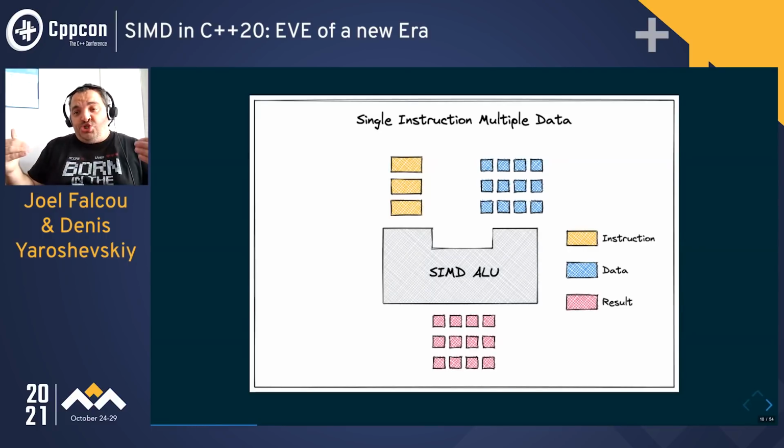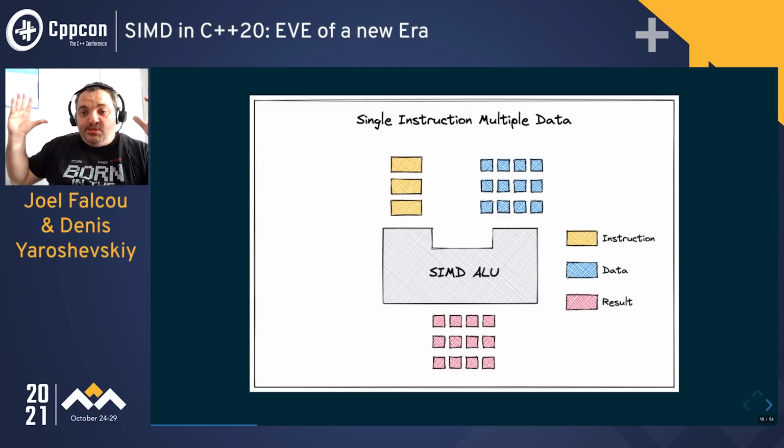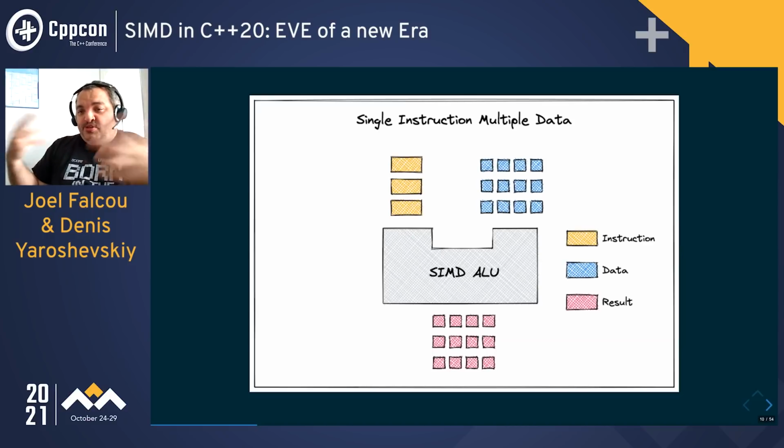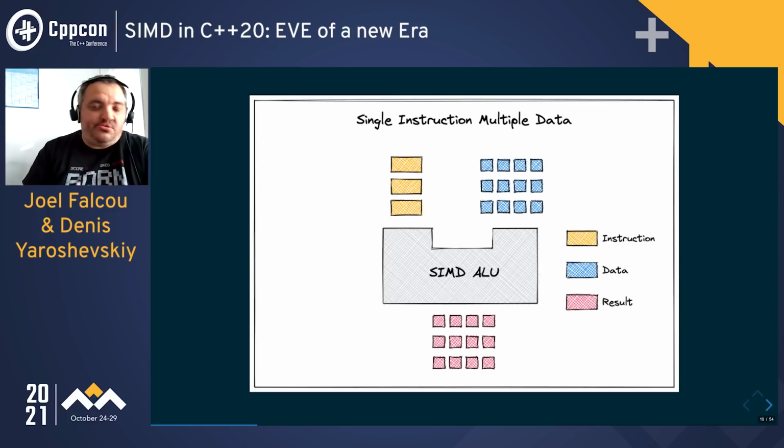And every time an instruction is fired, it will work on this block, this pack of data, something that we usually call a wide register. And the output we get is also a wide register of multiple values. And if everything goes right, we expect to get some kind of speed up related to the width, to the number of lanes in this register. All again in the single core.